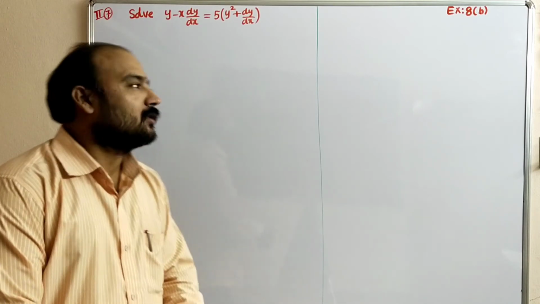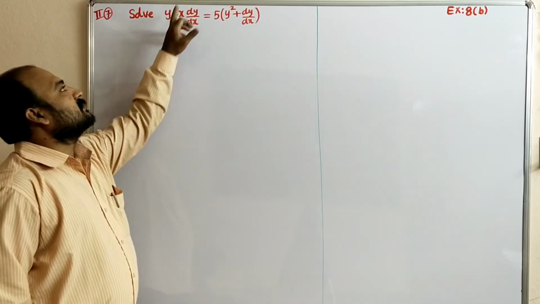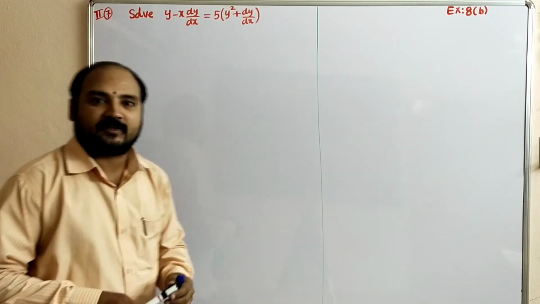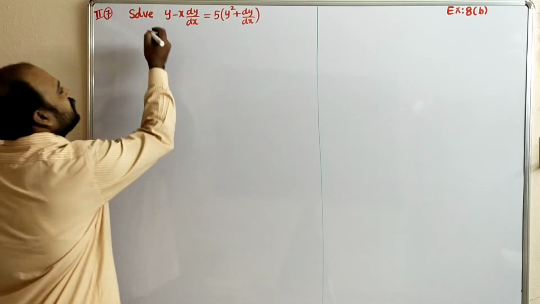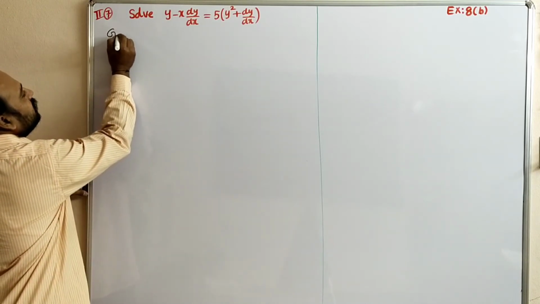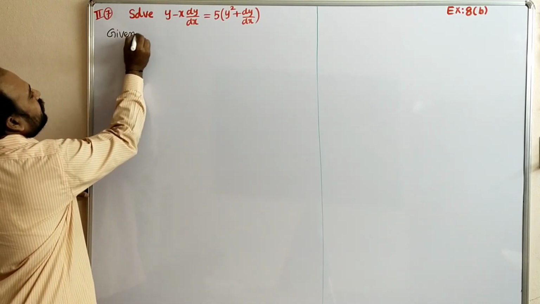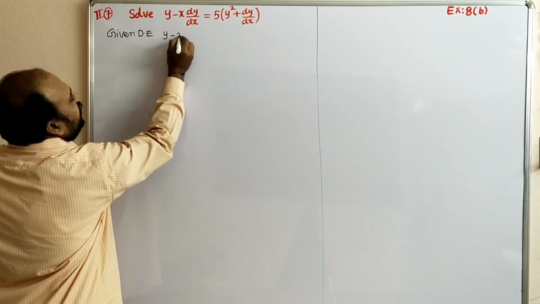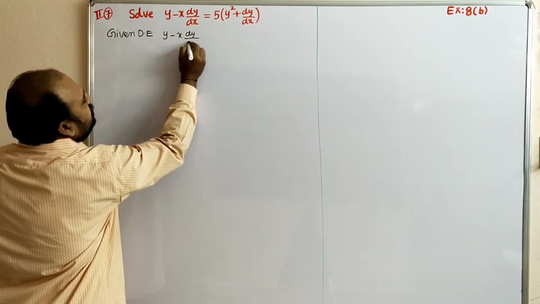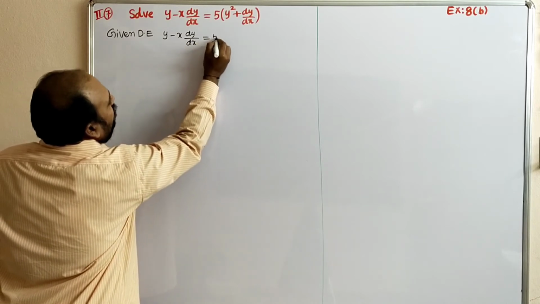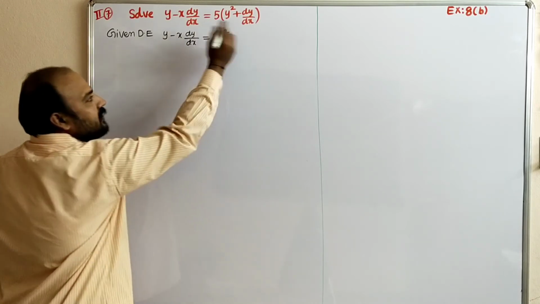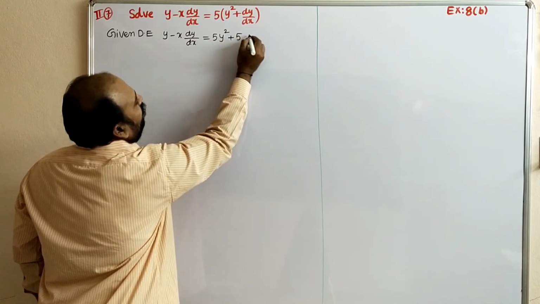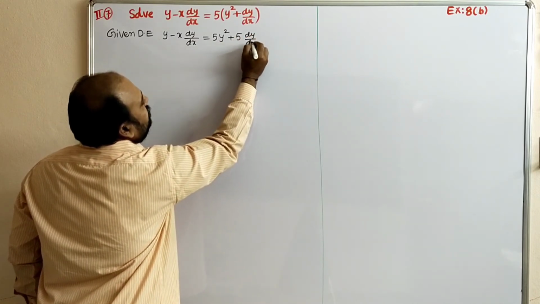The next question. Solve y minus x dy by dx equal to 5 into y square plus dy by dx. So here, first the given differential equation: y minus x into dy by dx is equal to 5y square, each and every term multiplying by 5 into dy by dx.